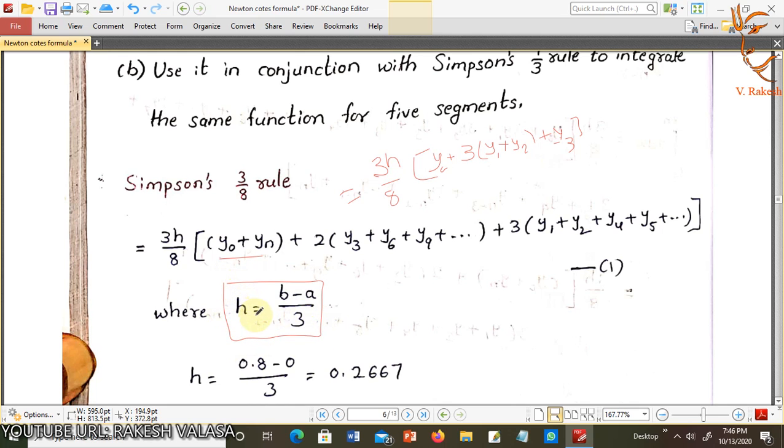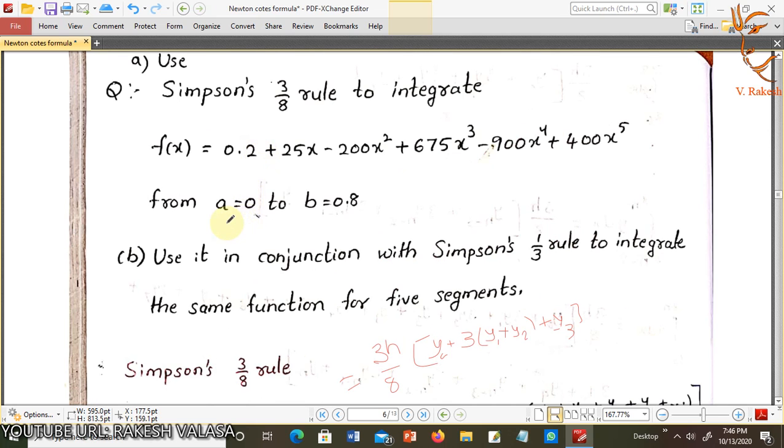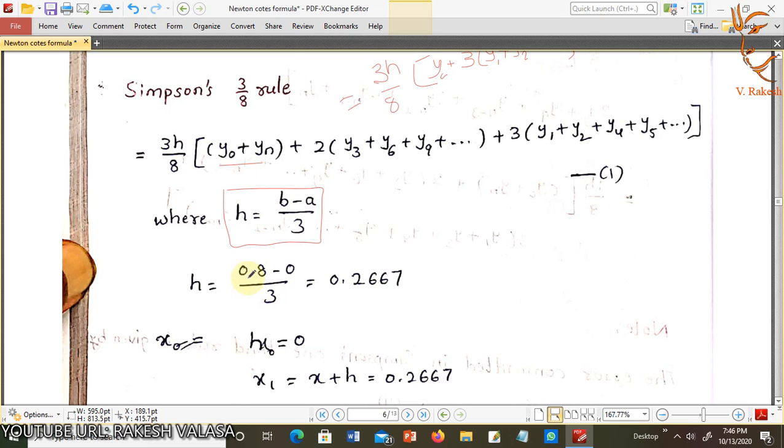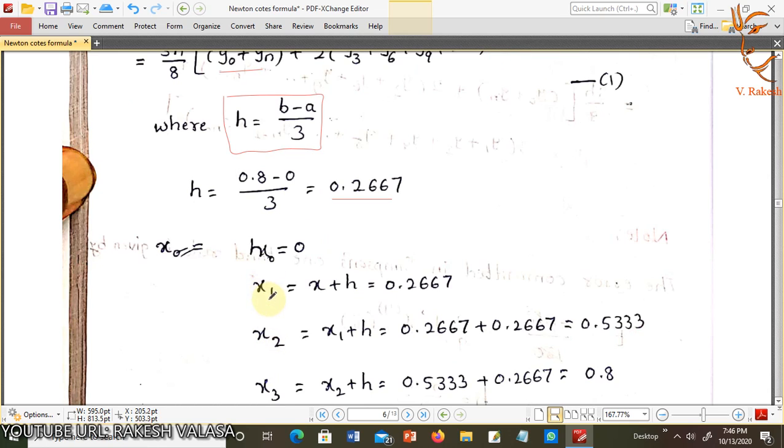Now calculate h by using the given inputs, that is a equals 0, b equals 0.8. 0.8 minus 0 by 3, that value is 0.2667. Now calculate x0, x1, x2, x3.